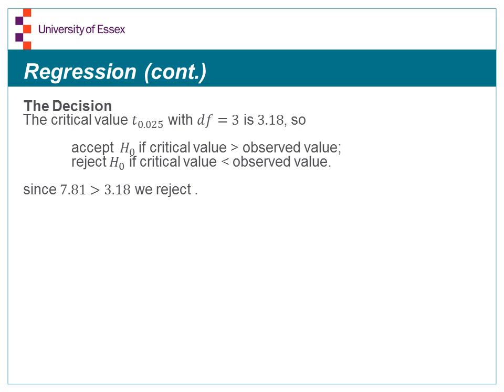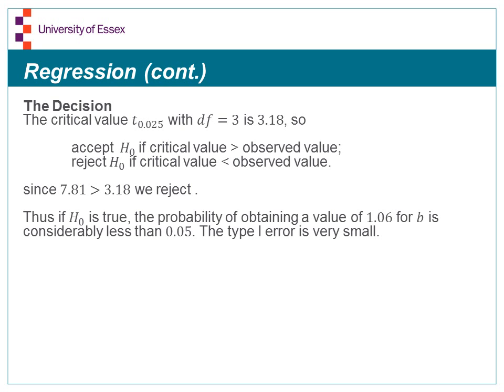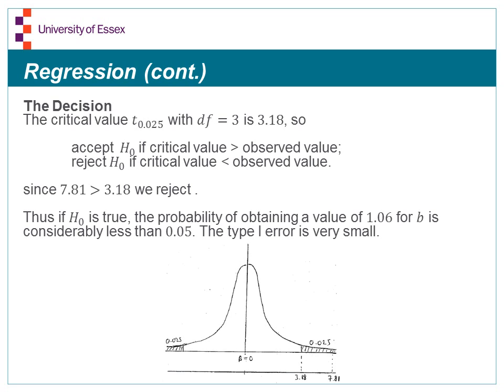We've got a value of 7.81, which is bigger than 3.18, and so we are in the last 2.5% of our distribution. So we're going to reject, and we can have a look at the diagram associated with that, and we can see it's exactly the same thing as we've had before.